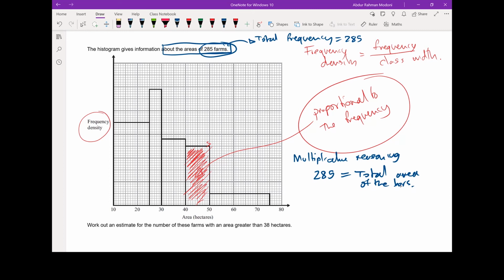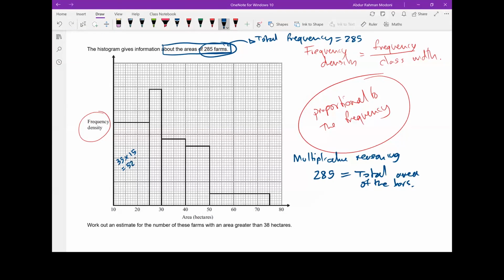Let's take the first bar. We can see 10, 20, 30, 35 along the y-axis, so 35 little squares, times 15 horizontally. 35 times 15 gives me 525.